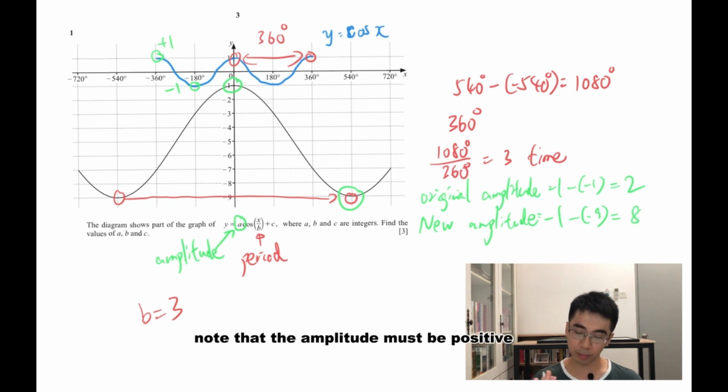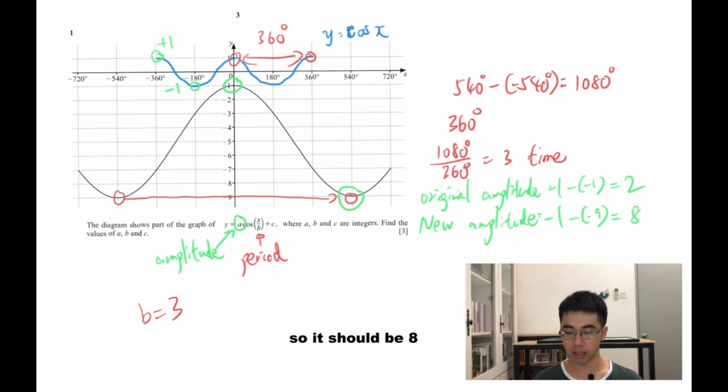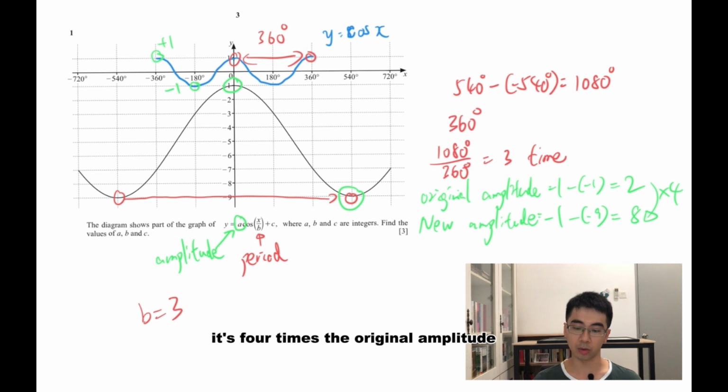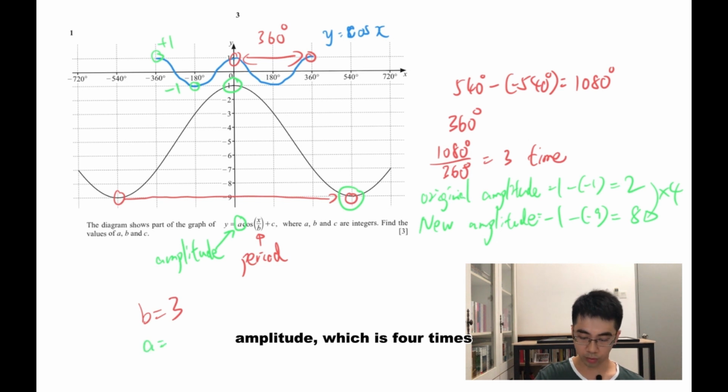Amplitude must be positive, so it should be 8. So you can see that the amplitude is changing from 2 to 8. Think about the multiples: it should be 4 times the original amplitude. So now we get the value of a. The amplitude is 4 times, so a must be 4.